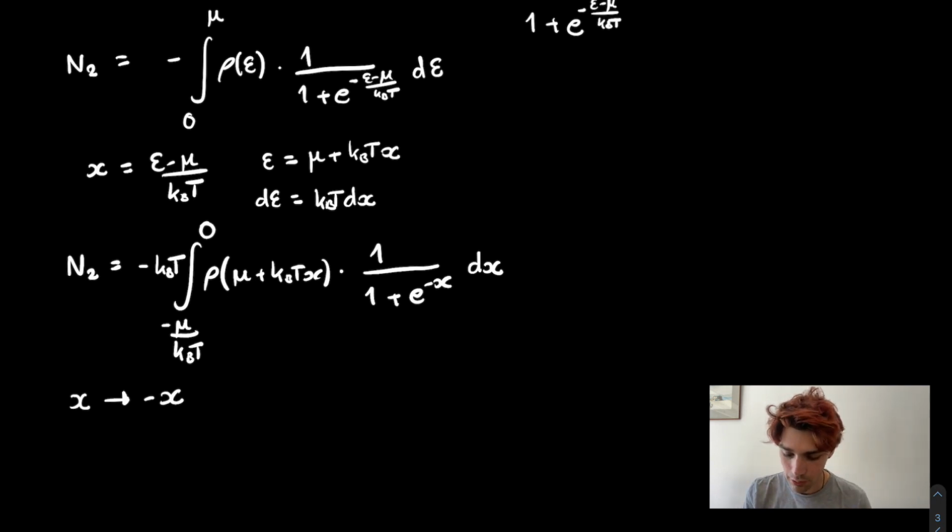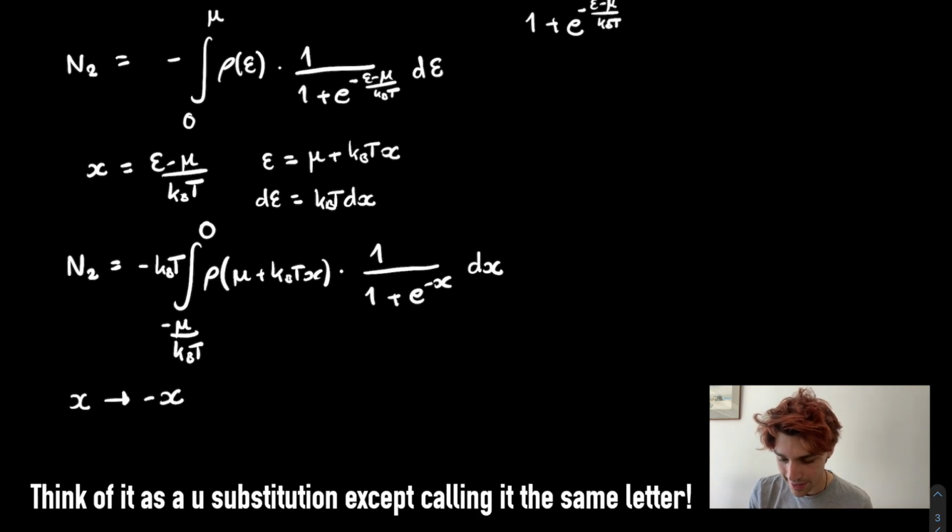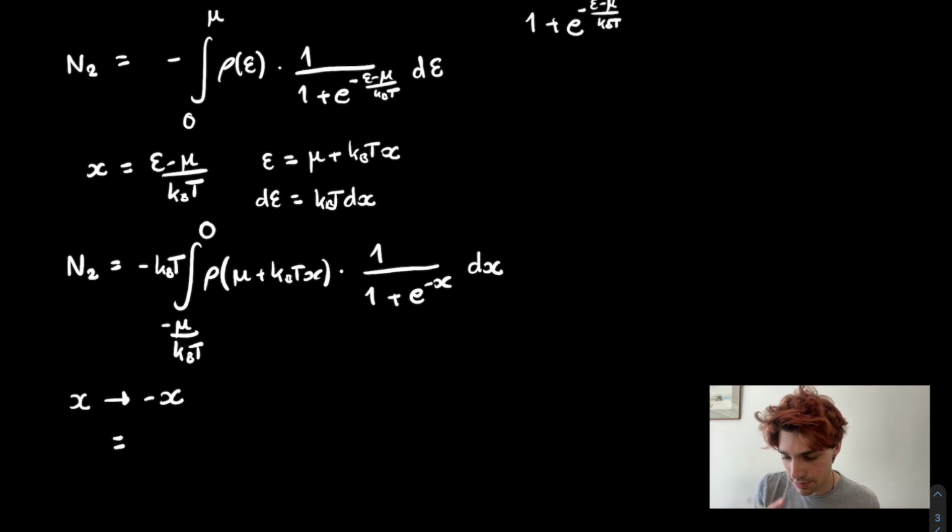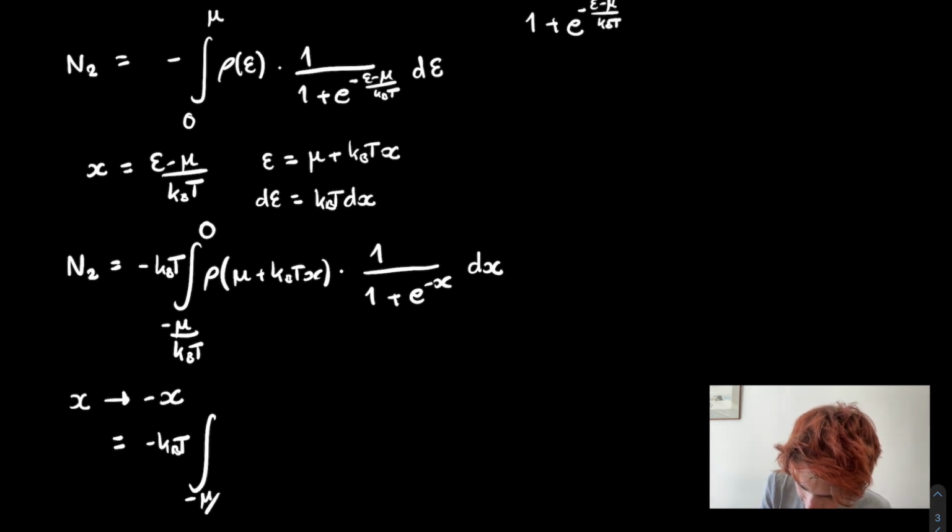It's a bit like what we do up here, except maybe a little shiftier, because it doesn't look as good. So every time we see an x, we replace it with a minus x. What this does is make the integral look a lot more similar to the third term in the integral, as you'll see hopefully in just a sec. So we get minus kBT as before, and the limits are minus mu over kBT to 0.